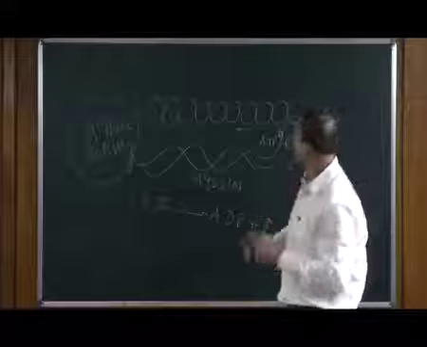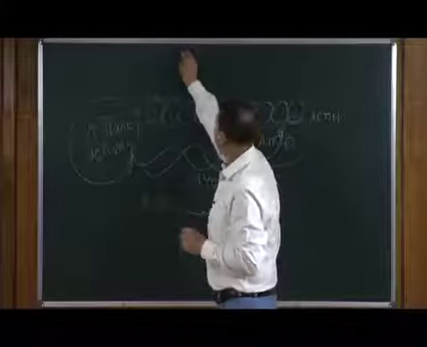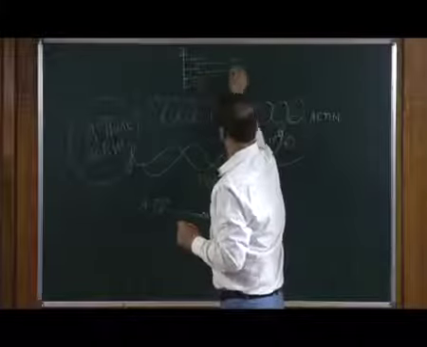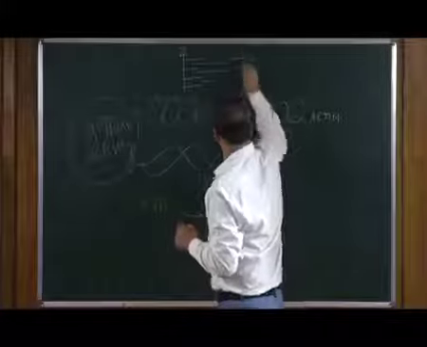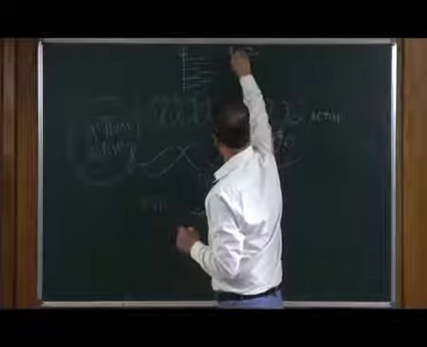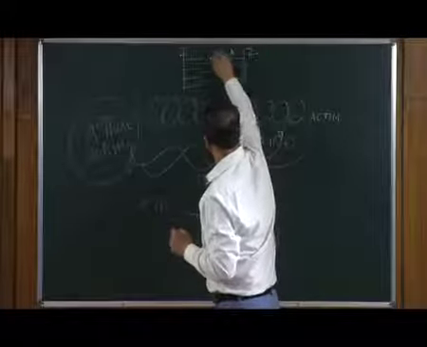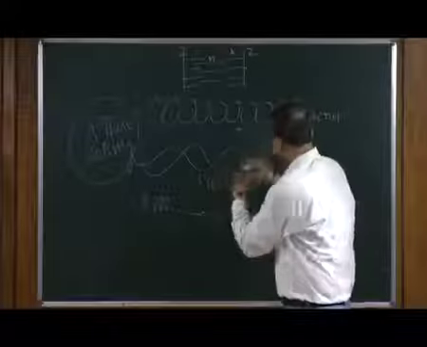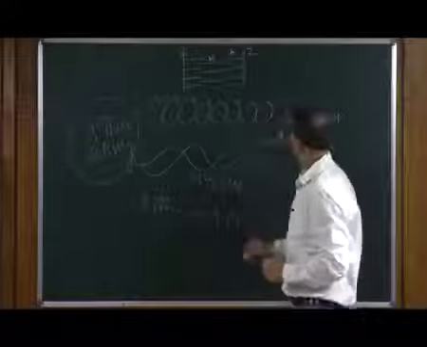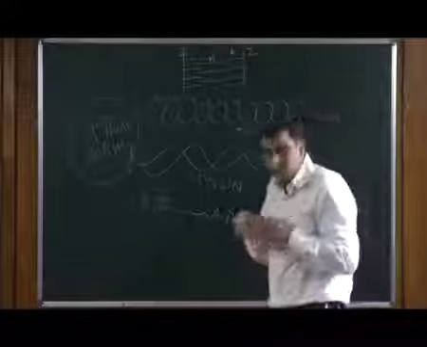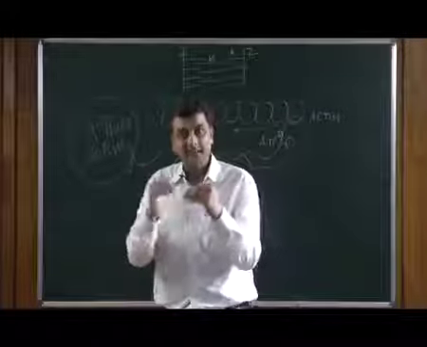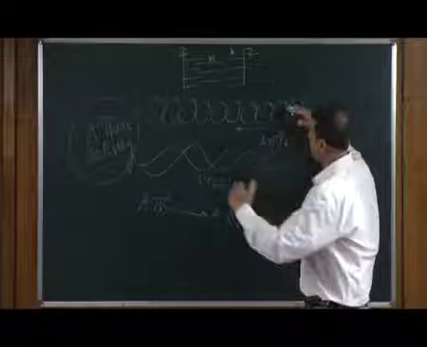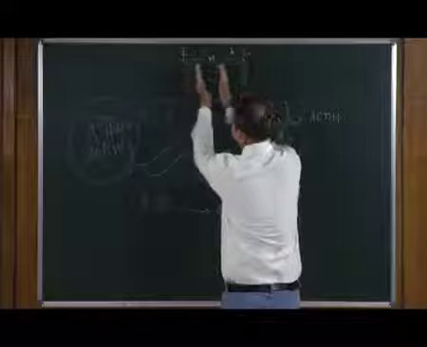Now, if we start drawing the structure here, we have this Z line, and then we have actin, and we have the myosin filament here. Because of this contraction, this is kind of sliding. This whole phenomenon of the myosin molecule sliding over the actin is dragging the Z lines very close to each other.